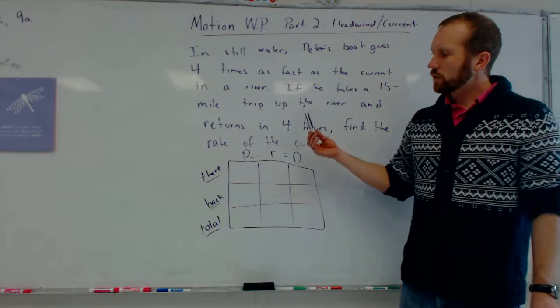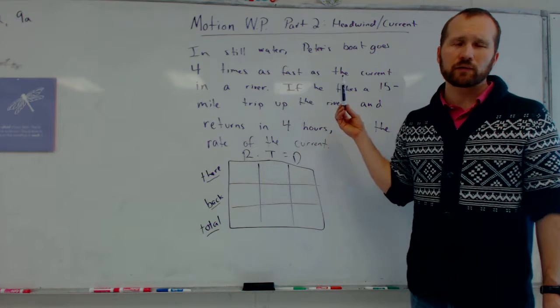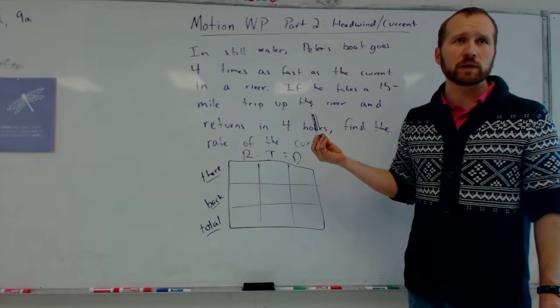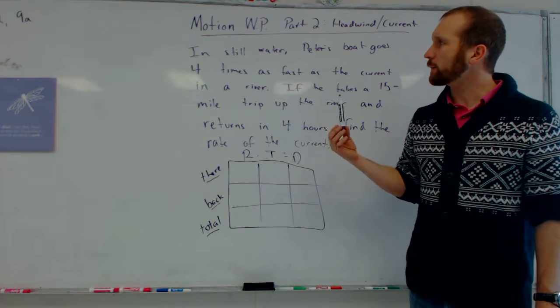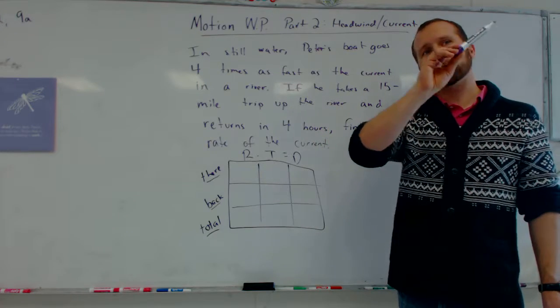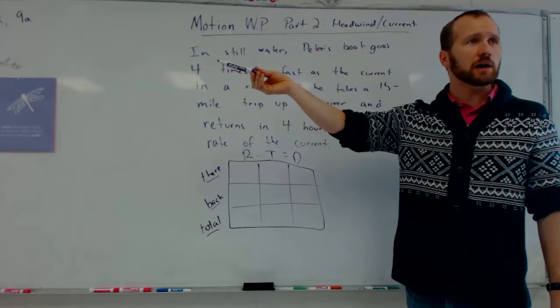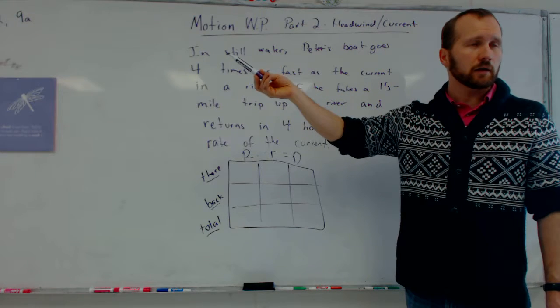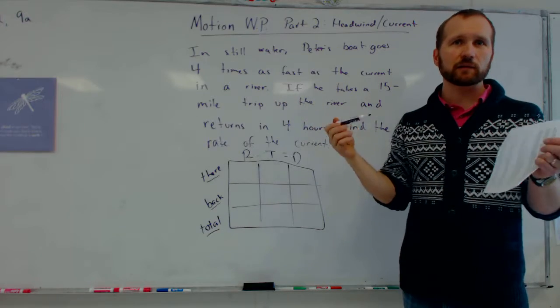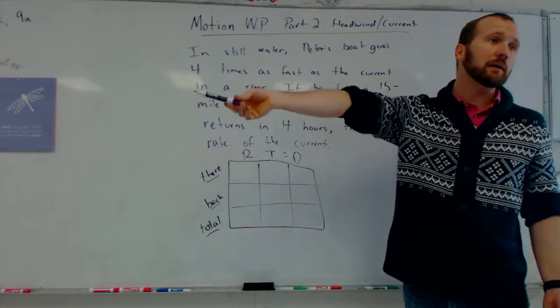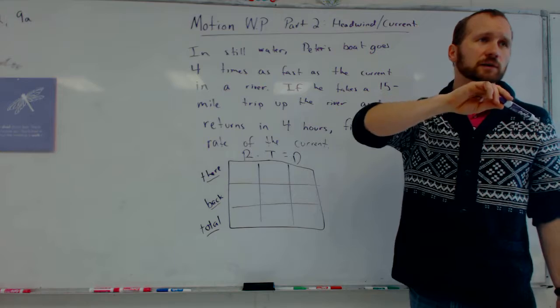But in general, we're going to think of Peter as almost 2 different people. Because if you think about what's happening, when he goes up the river, his speed is slower, right? So he's sort of like a different traveler than when he comes down the river, when his speed is faster.